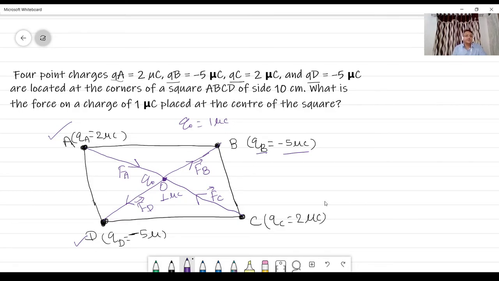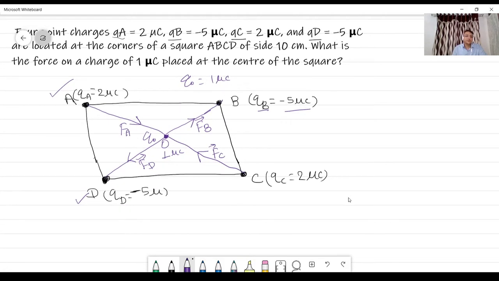Okay, so the very important point here is that first of all you should understand that to find a force, you should get the distance between point charge A and Q naught.